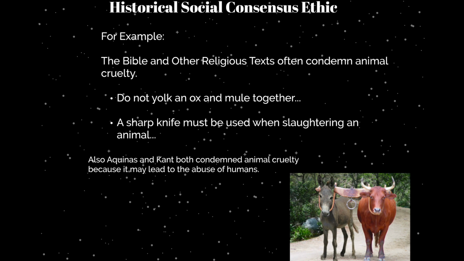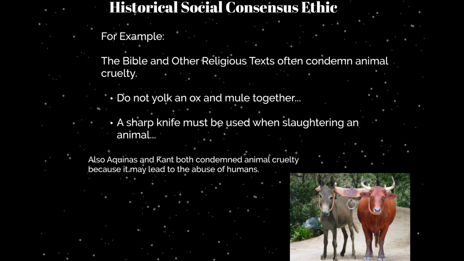In the case of the ox and the mule, it's because oxen are much larger than mules, so the mule will tire out faster and will suffer throughout the day. A sharp knife to limit pain when slaughtering. All of these are specific mandates against cruelty.